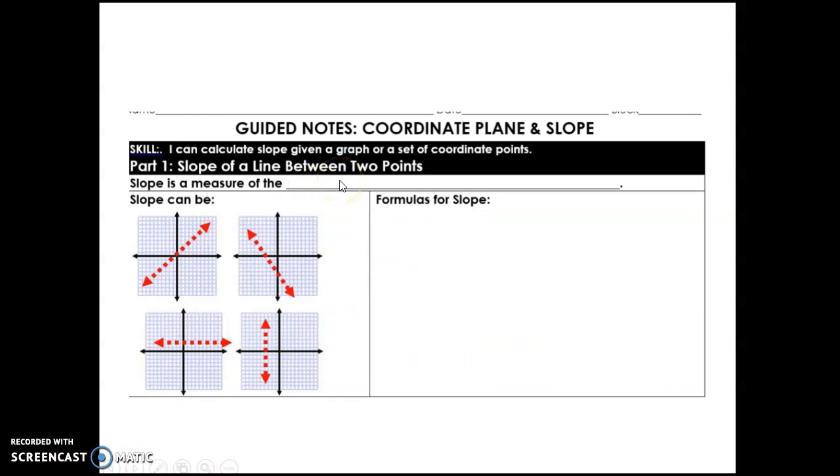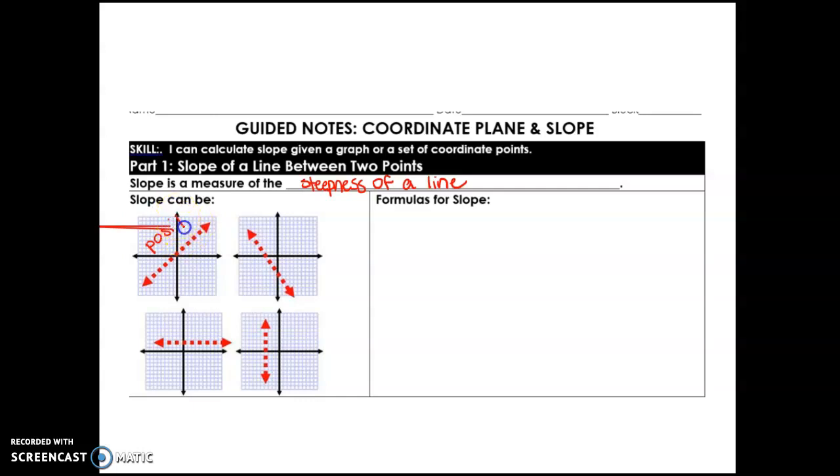Okay, so today we want to be able to calculate slope given a graph or a set of coordinate points. So what is slope? Slope is a measure of the steepness of a line. And slope can be positive, like this line.